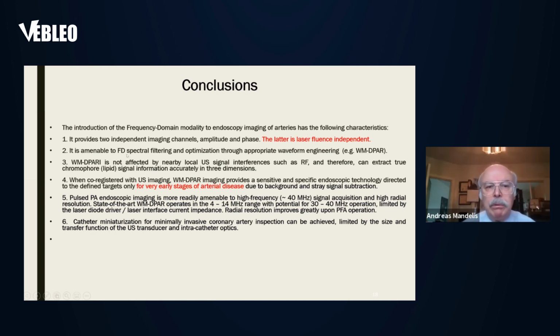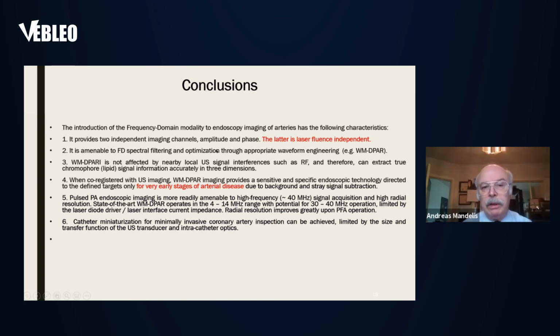Now, it is amenable to frequency domain spectral filtering optimization through appropriate waveform engineering. And this is what I said to you. Pulse laser is a hammer. There's not much you can do. With the frequency domain, you have a smaller signal, but you have to do signal processing and waveform engineering in order to be able to get things out, to optimize, for instance, the range of your transducer response with the appropriate range of frequencies.